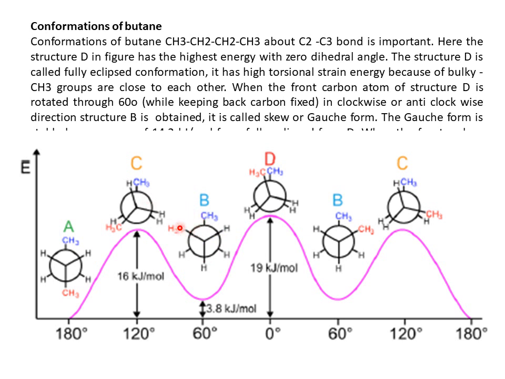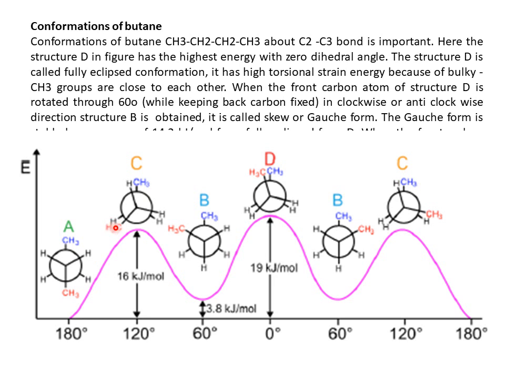If you rotate the red CH3 again through another 60 degrees, this CH3 group comes in eclipse with the hydrogen atom in the back carbon atom. So this conformation is obtained, and in this conformation the eclipsing is there, but not as eclipsed as in structure D. Here the CH3 group is eclipsing only with the hydrogen atom.